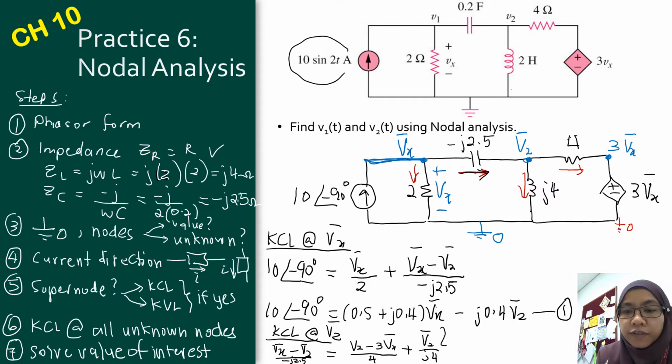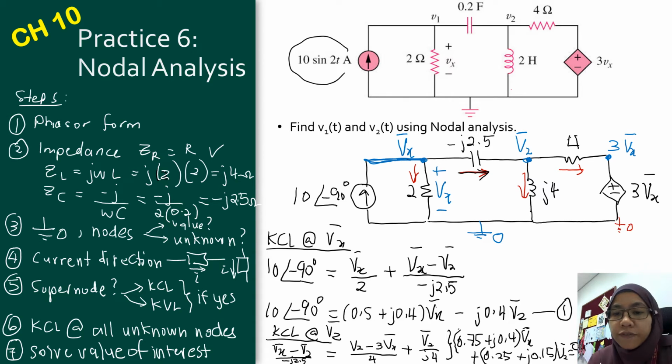If you simplify this equation, you will get 0.75 plus j0.4 into Vx plus 0.25 plus j0.15 into V2 equals 0. So we will continue our circuit here in the next video. Thank you.